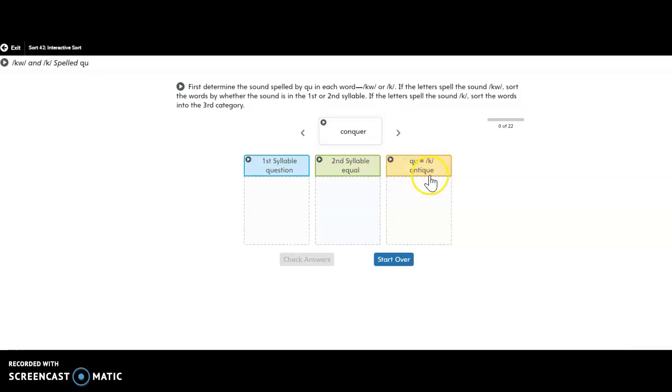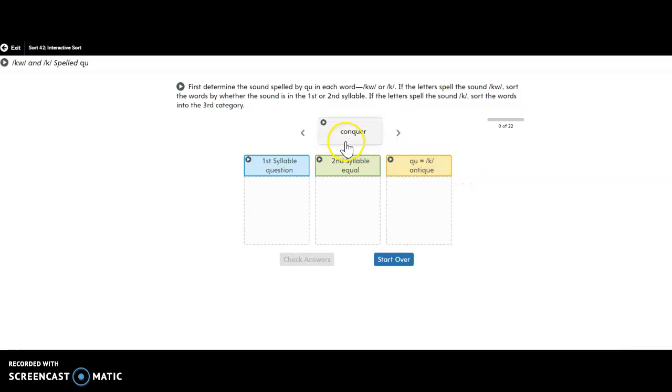And then words where the QU makes the k sound, like antique. We don't say antique with a qu, it just makes the k sound. So we'll be on the lookout for words where the QU serves that purpose.